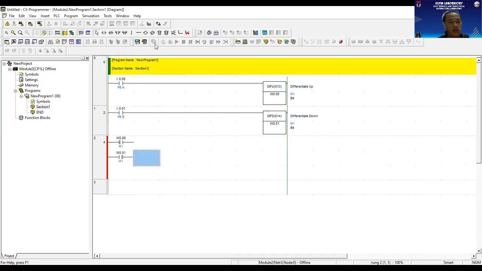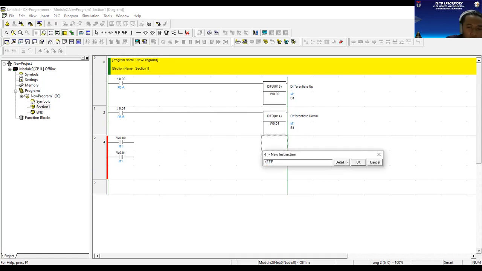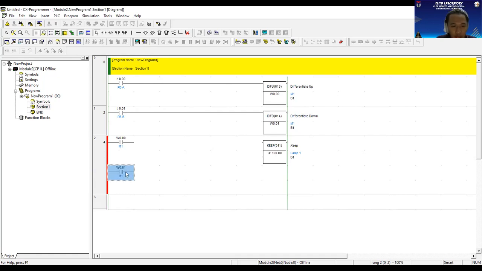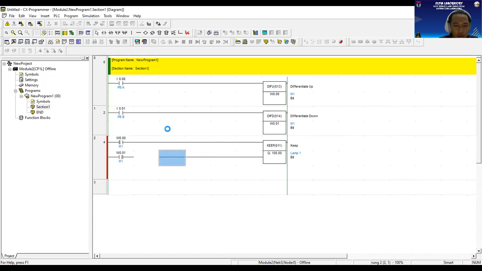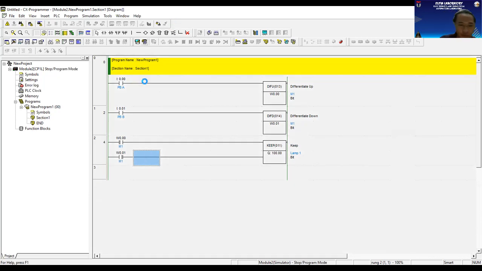You can see how this instruction DIFU and DIFD works. Until this one, we can connect this function also. So we can run the simulation.